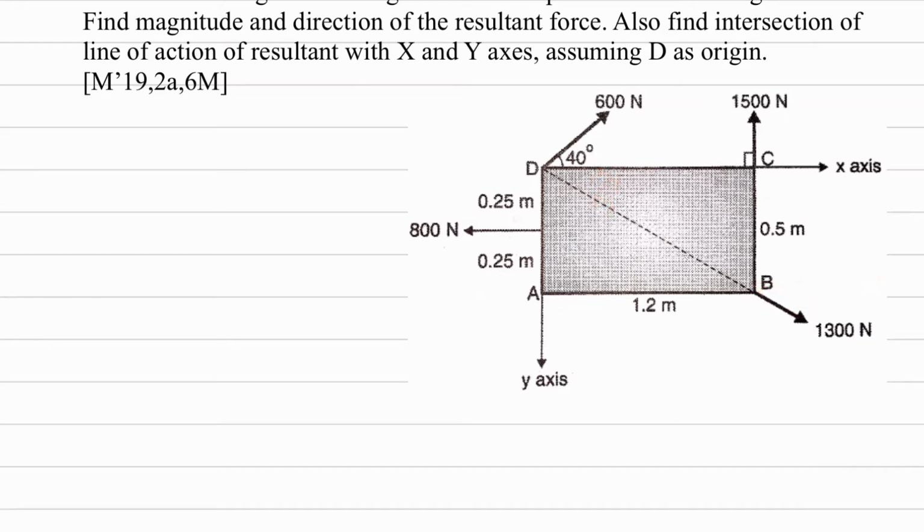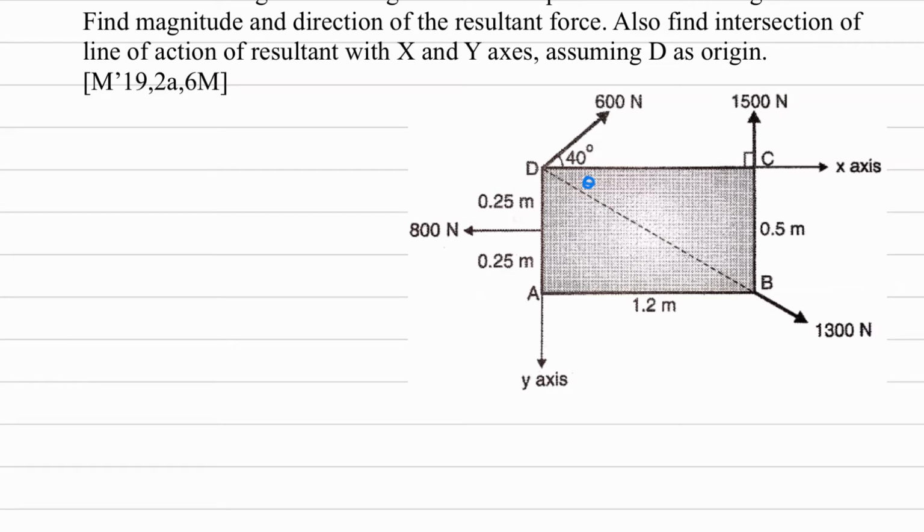So we'll calculate that angle. Whatever I am drawing in a different color other than black in the diagram, that will be our part. And whatever black part is there, that is the original question. Remember that. So suppose this is angle theta. What will be this theta?